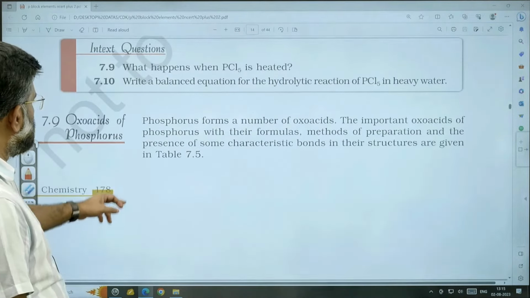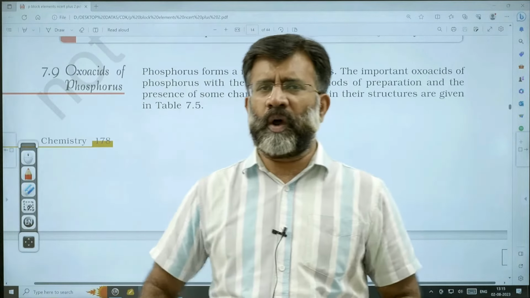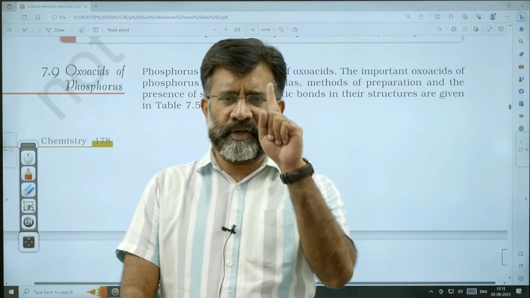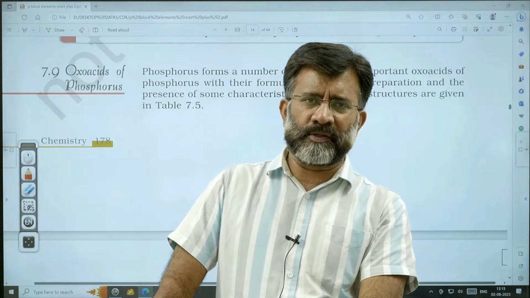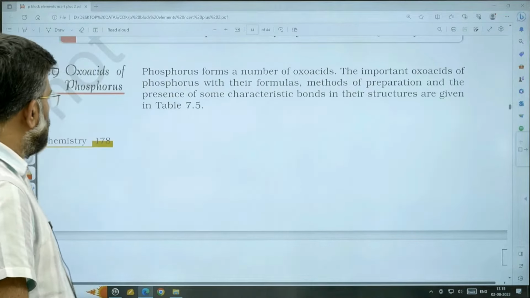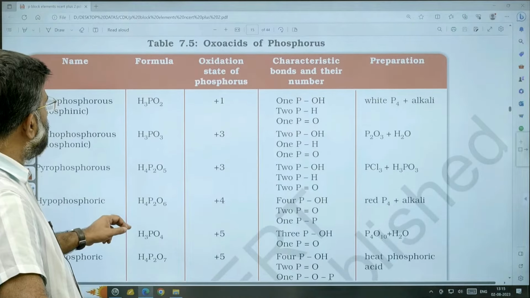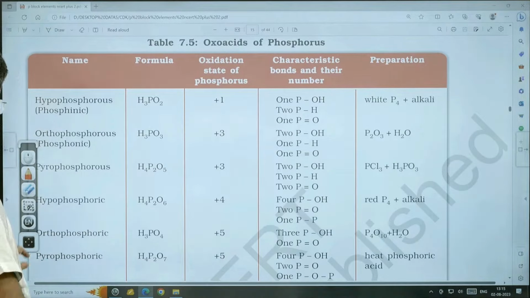Next, it is about oxo acids of phosphorus, various oxo acids of phosphorus. That's a very important topic from the concerned chapter. Let us see various oxo acids of phosphorus, one by one.